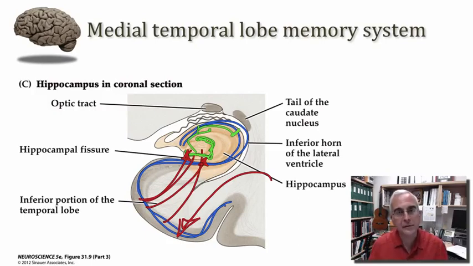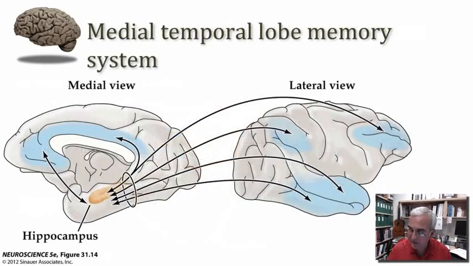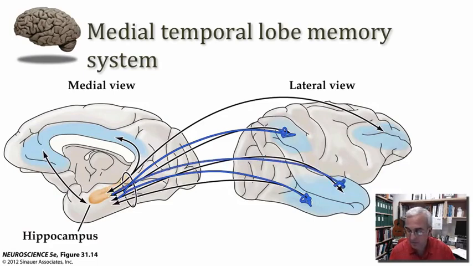Now, we know much less about the actual storage of the memory than we do about its acquisition. In terms of storage, we know that the hippocampus maintains back projections through various pathways, including projections that are directed back out through the parahippocampal gyrus to each of the associational cortical regions that were relevant in the processing of the sensory stimuli that comprise the here and the now, the moment.